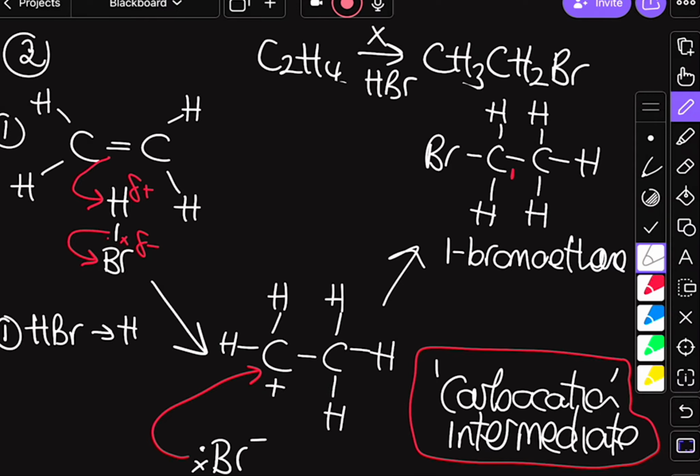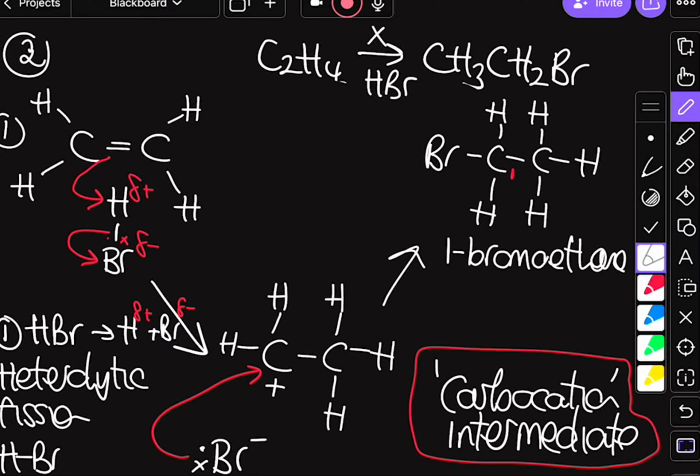It does it naturally, but HBr will become hydrogen with the delta plus, and Br with the delta minus. You can also say that there is heterolytic fission of your HBr into H plus and Br minus.